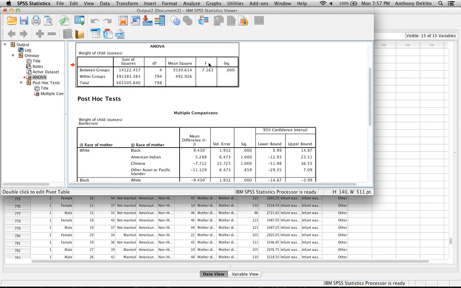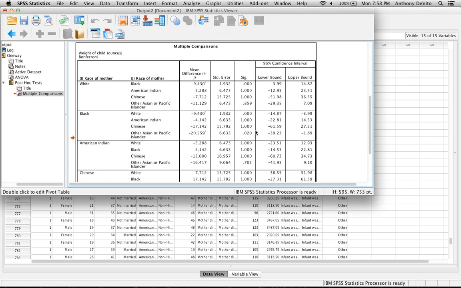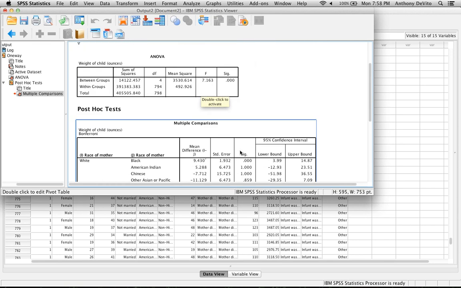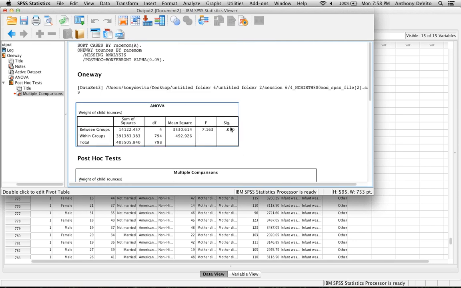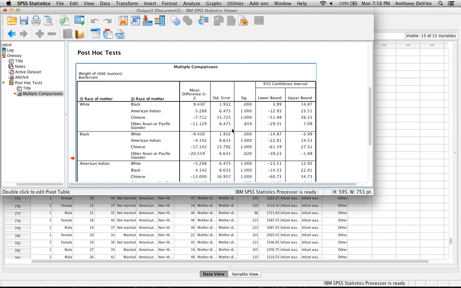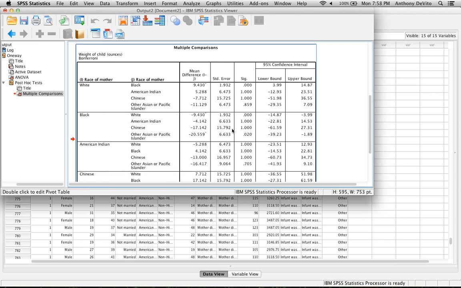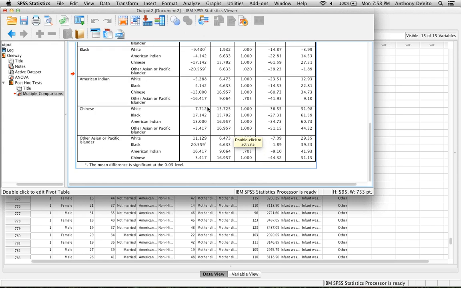And then you might want to copy and paste this table into your poster to demonstrate which groups you found significant differences in. In other words, you found the F score and significance that justified doing your post hoc test, and your post hoc test demonstrated which of these were actually different.